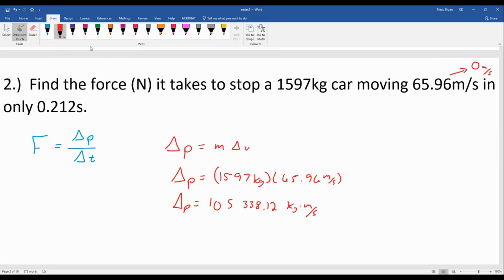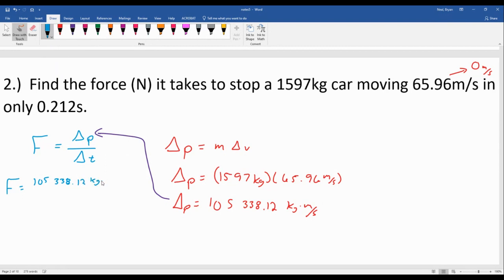These are not newtons right now, but they will be soon, because when I take over here and I divide by time, that's going to give me the proper combination. All right, so let's look. Our change in momentum, 105,338.